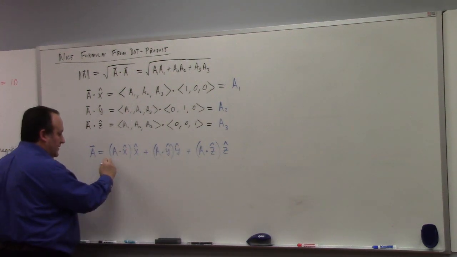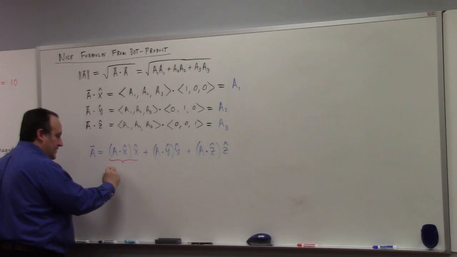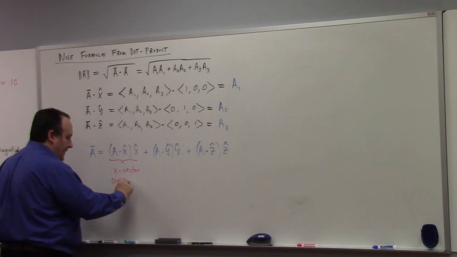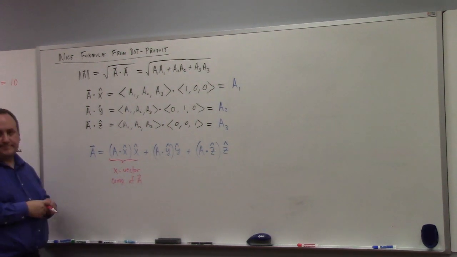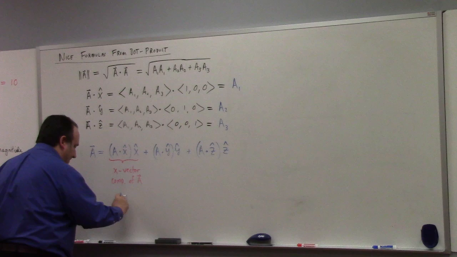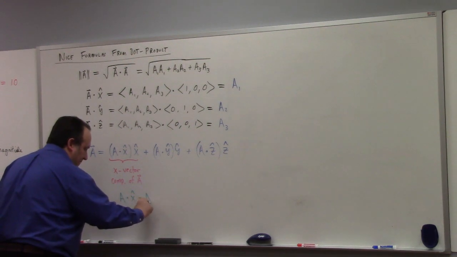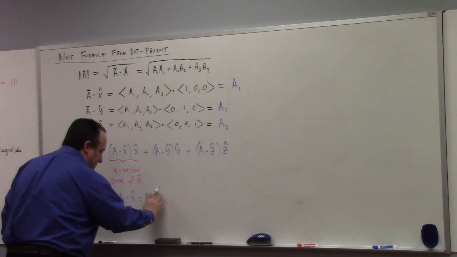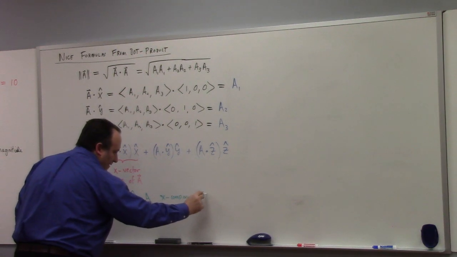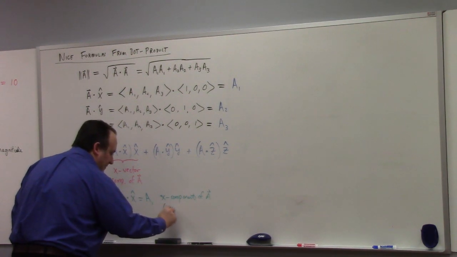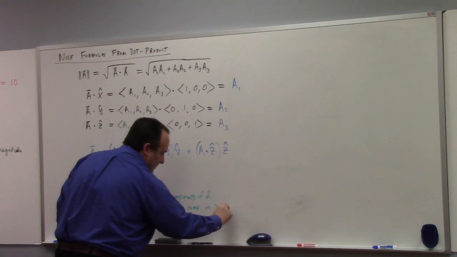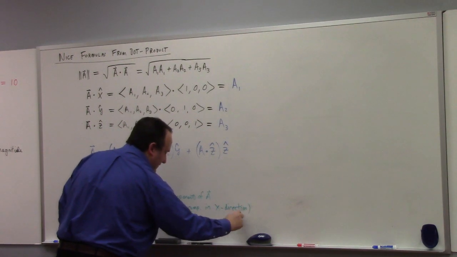This first piece is the x vector component of A. In contrast, A dot x hat is just A1. This is simply the x component of A. This is the scalar component in x direction. A scalar is a number, a vector is a vector.